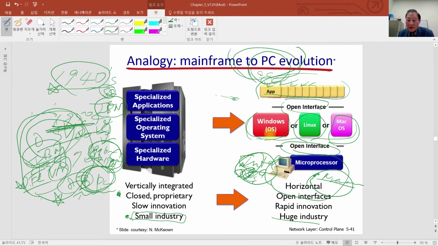And their growth is also helping other growth, and the whole industry will be growing and also evolving in terms of technology. That's the main advantage of this open architecture.